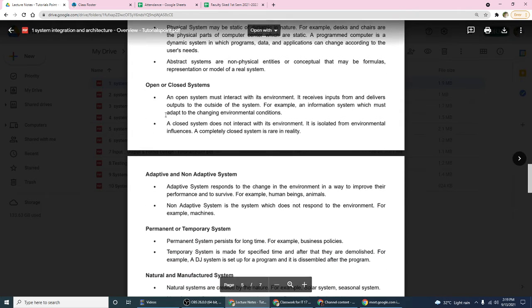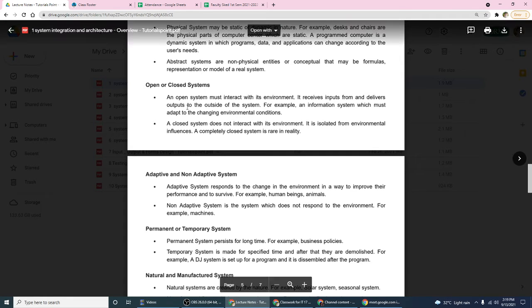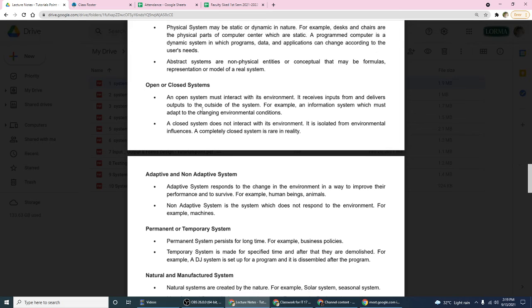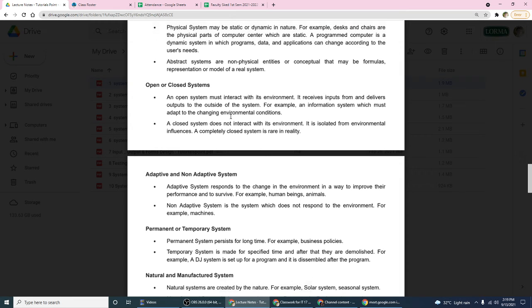Open or closed system. An open system must interact with the environment. It receives input from and delivers output to the outside of the system. For example, an information system which must adapt to changing environment conditions.